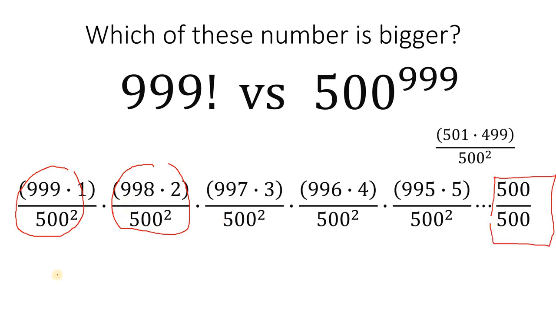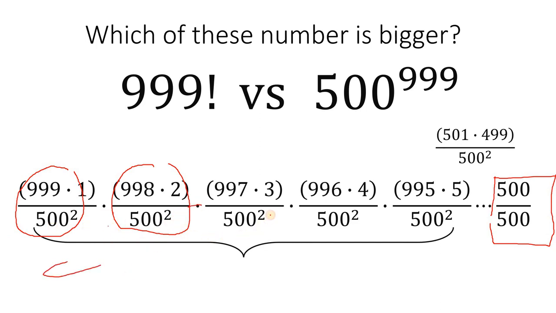Now from here, take note that 500 squared must be equal to 250,000.